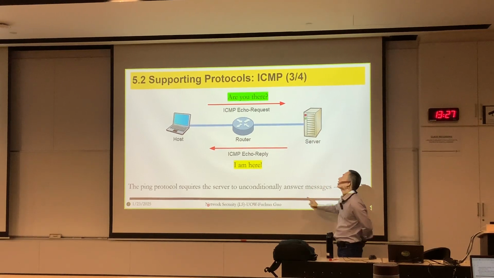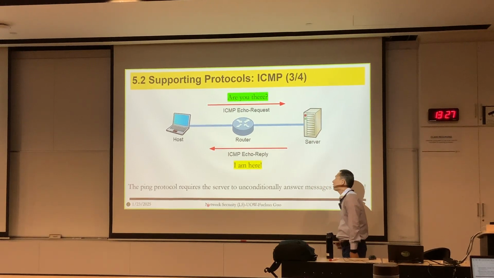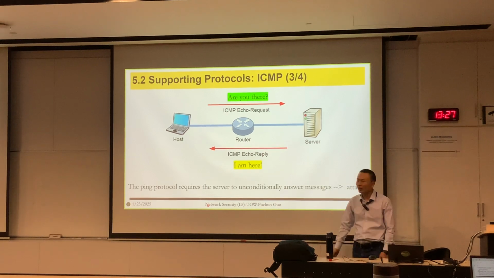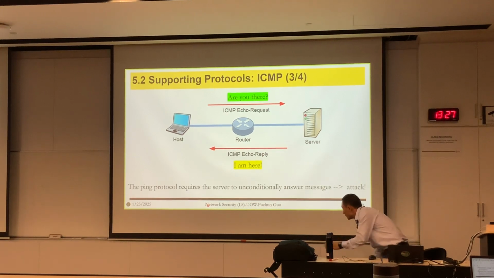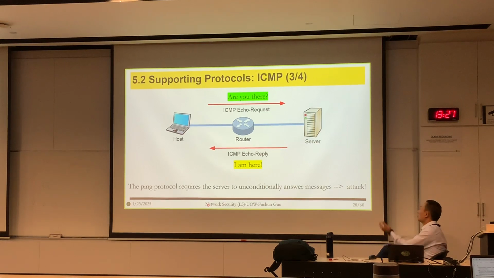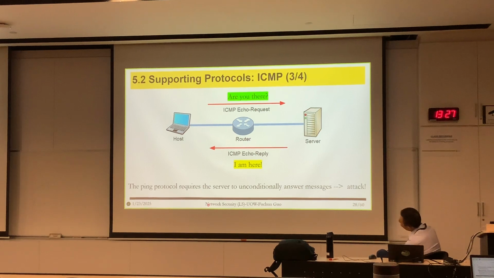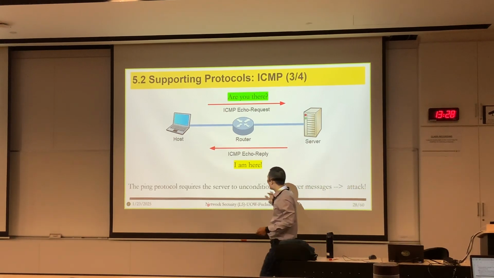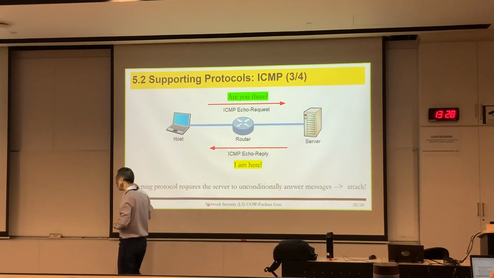It means that no matter who sends this kind of echo request to me, I should automatically send the reply if I'm online. And this is a kind of setting or mechanism inside ICMP.